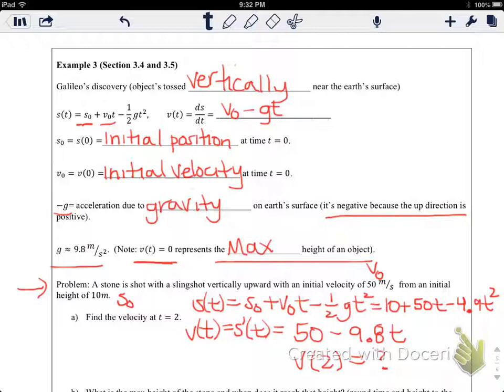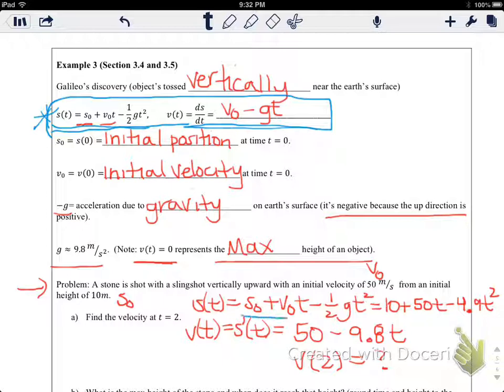That's the general formula for when we're tossing an object up, the general function for position and velocity. If you remember the position function, then you can just take the derivative to find the velocity function. So ideally you don't need to remember them both, but you do need to remember the position function s of t.